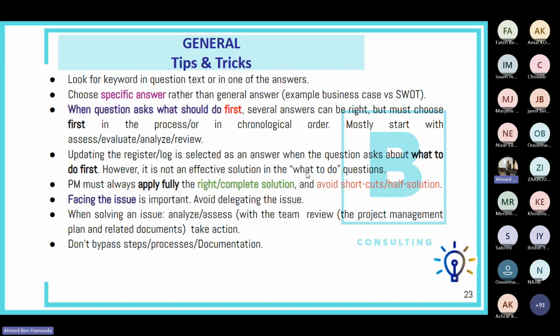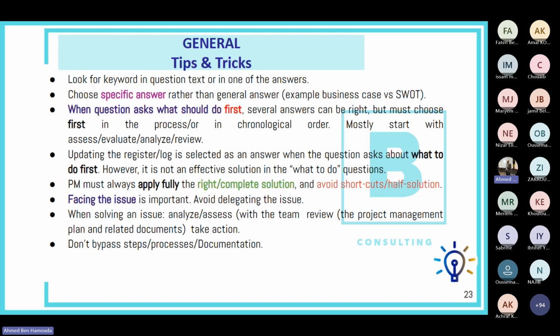So in summary, if the question gives you a certain situation and it asks you what to do, then updating the register or the log is not the most effective solution. Actually the question is looking for a more effective solution. But if the question asks you what to do first, and in one of the answers there is updating this register or this log, then you might consider it as the right answer, depending on what kind of other answers you have.